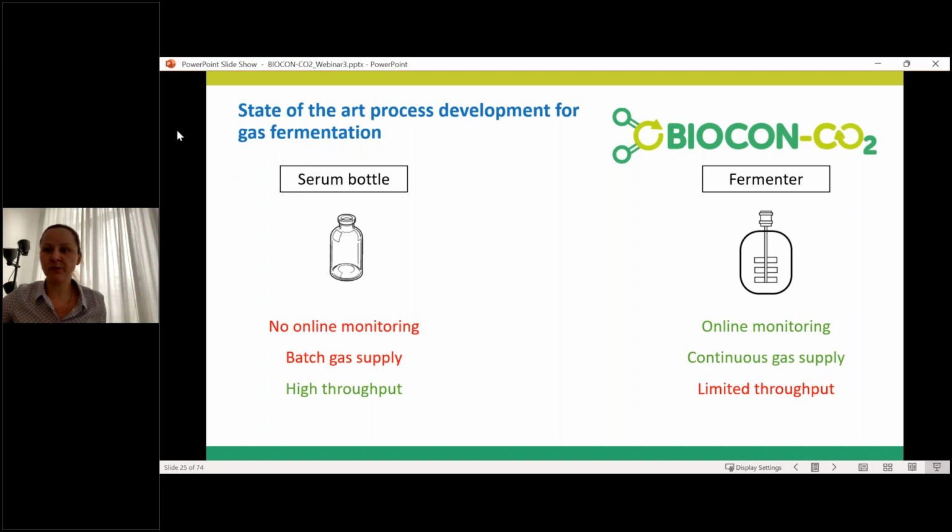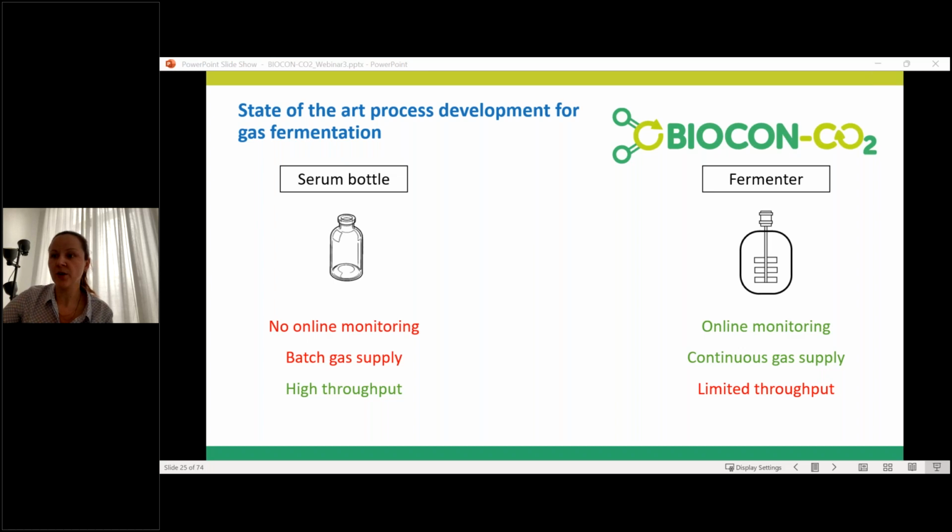So, the serum bottles and fermenter have different benefits or disadvantages. For the serum bottles, we do not have any online monitoring. And we just have a batch gas supply, which is not sufficient for really continuous gas fermentation, but we do have a high throughput if you want to screen multiple organisms.